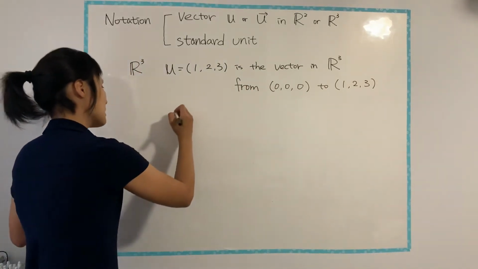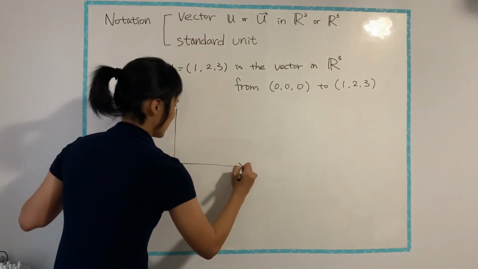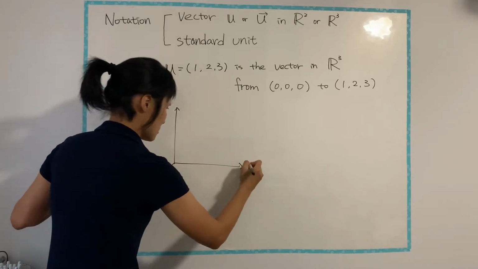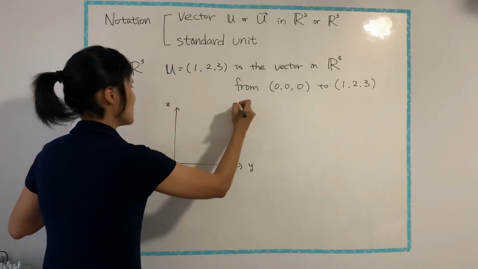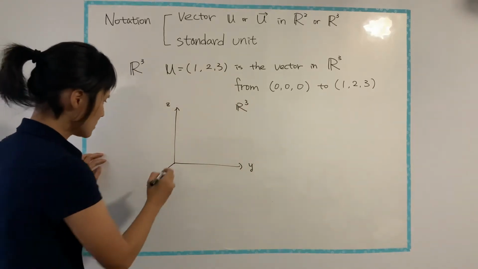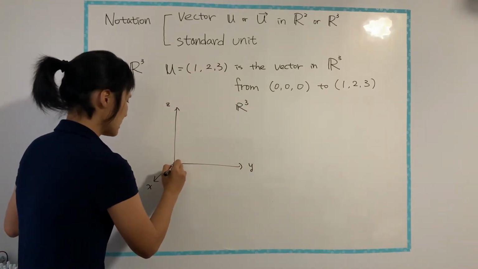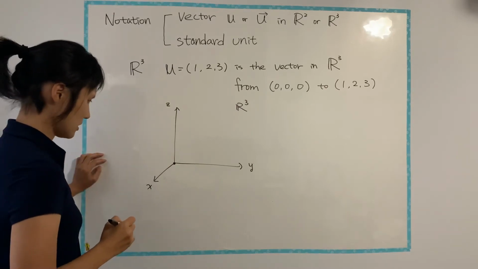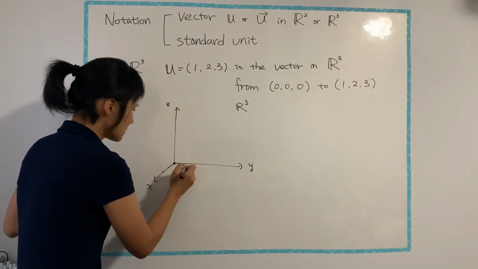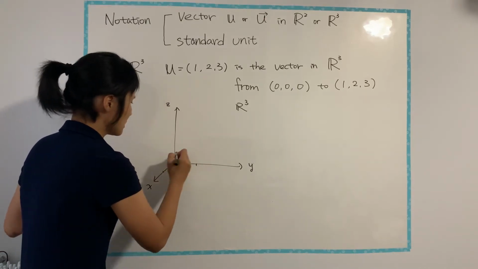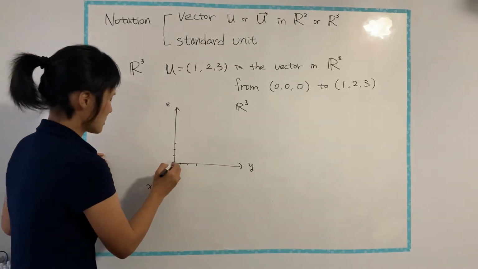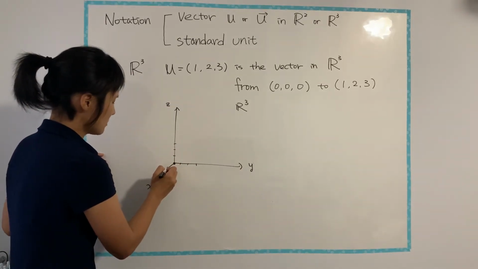So to plot this, I first need to have a three-dimensional coordinate chart that's called an XYZ coordinate chart. Right. So now to plot this vector, I start from the origin. Let me give this a grid. 1, 2, 3. 1, 2, 3. Okay. So it goes along the x direction by 1 unit.